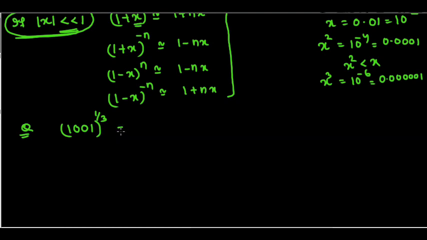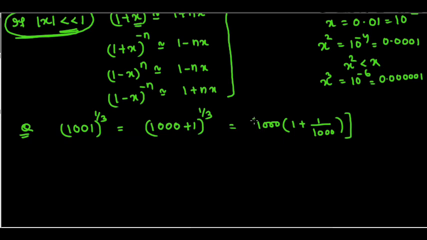So I can write this 1001 as 1000 plus 1 whole to the power 1 by 3. Now if I take 1000 common from this bracket, then what will I get? 1000 into 1 plus 1 by 1000, whole to the power 1 by 3.